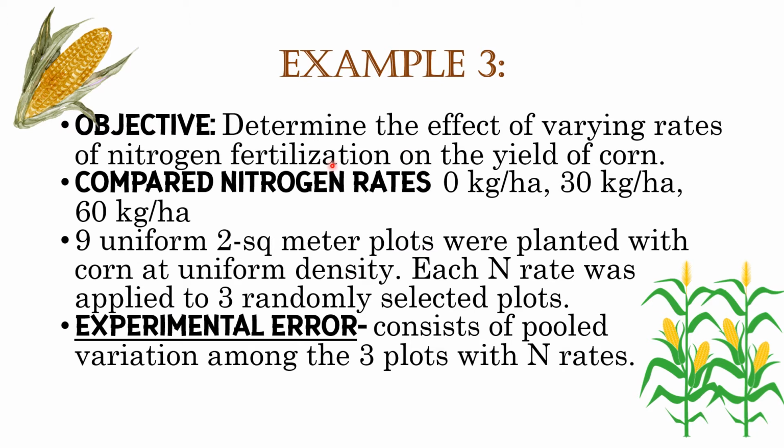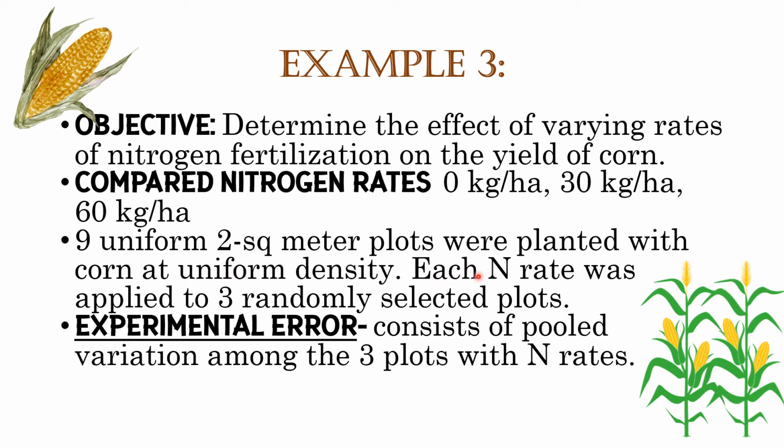Another example. Our objective is to determine the effect of varying rates of nitrogen fertilization on the yield of corn. Our treatment levels or nitrogen rates are 0 kilogram per hectare of nitrogen fertilization, 30 kilogram per hectare, and 60 kilogram per hectare. So we have 3 treatment levels. Nine uniform 2 square meter plots were planted with corn at uniform density.